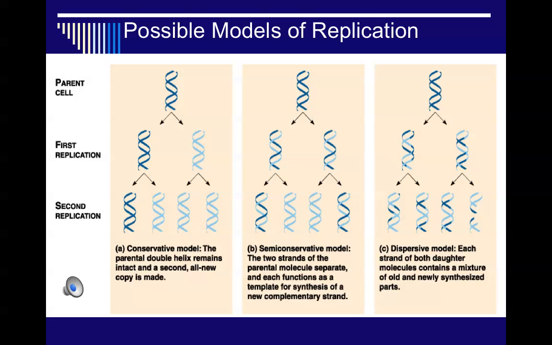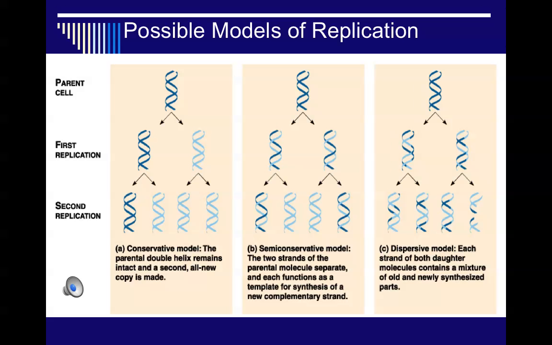And we're going to take the two halves of this double-stranded DNA apart, make one half new and one half old, and then just continue to do this process of separating the two strands of double-stranded DNA, synthesizing a new copy alongside the old. So we always have half old and half new. That's semi-conservative.